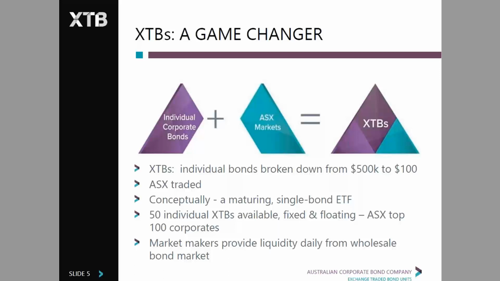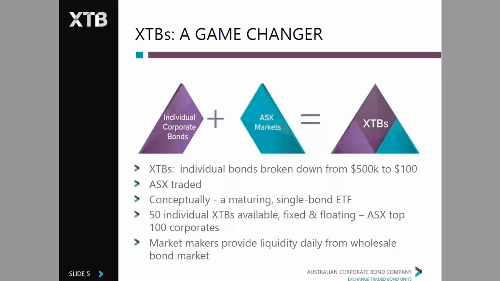There are 50 available. Most of them are fixed rate bonds, and there are 10 or 11 floating rate bonds, which are mostly bank bonds, and they're all over ASX top 100 corporates. All bar one is investment grade. The one that's not investment grade, which is Illumina, was investment grade, slipped out of investment grade, and is on its way back in now in the last year.